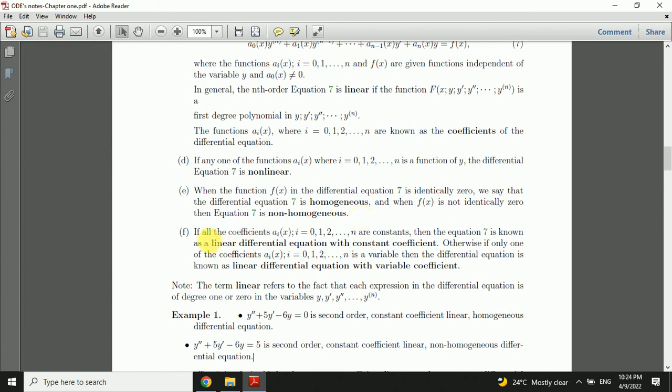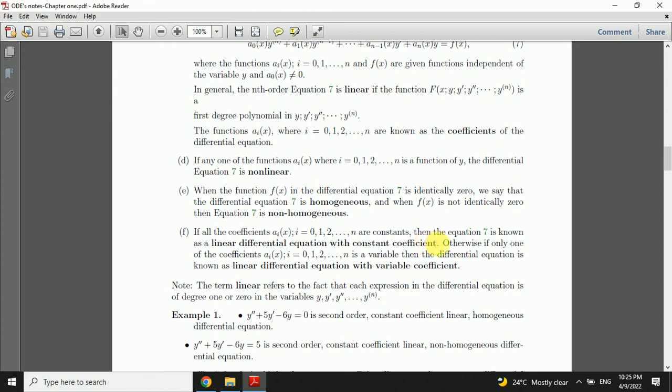Now, the next term. If all the coefficients ai of x, a0 of x, a1 of x, and so on, an minus 1 of x, an of x, are constants, if they are all constants, then the differential equation is said to be a linear differential equation with constant coefficients. Now, what would happen if some are constants and others are functions of x, for example?